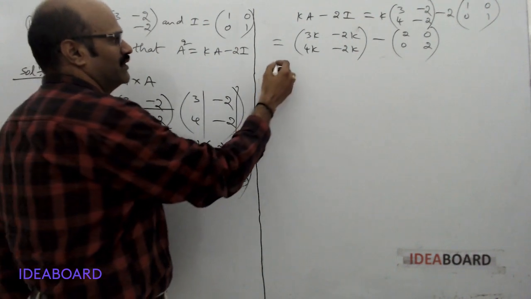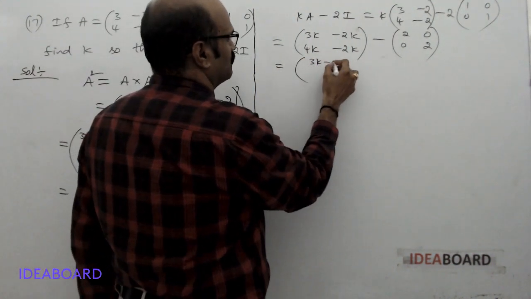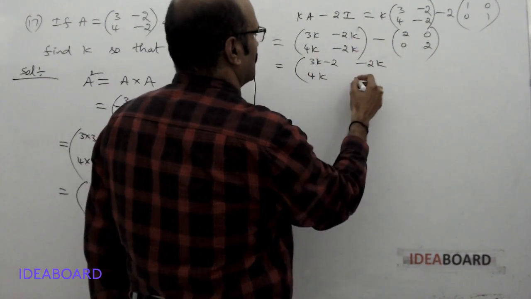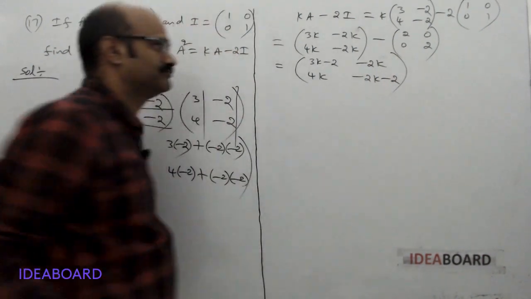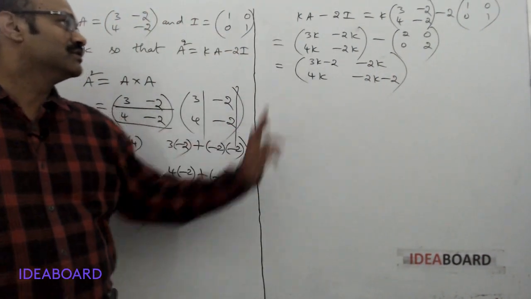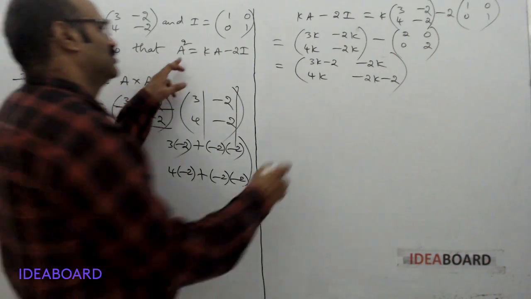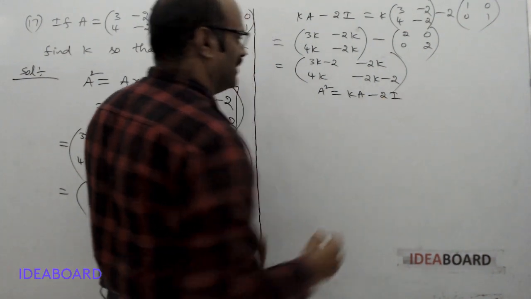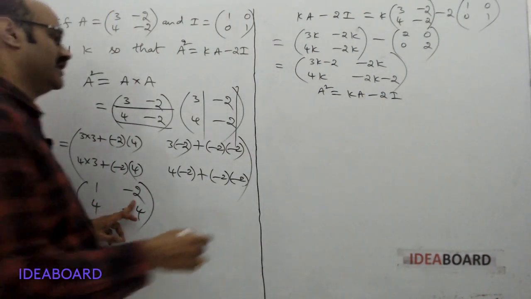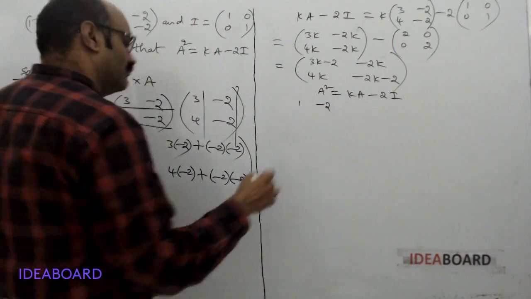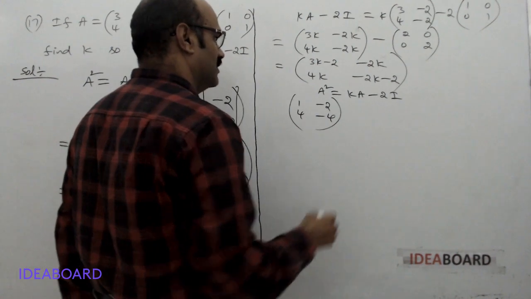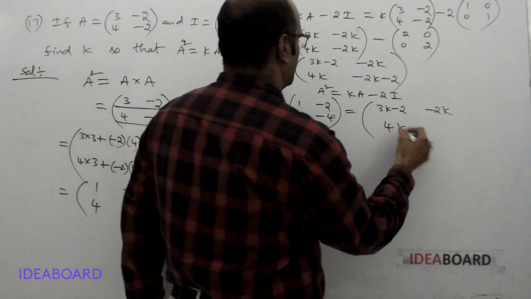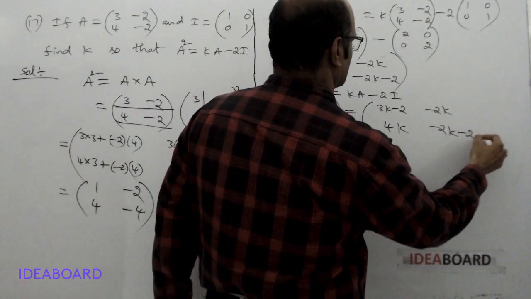We are getting 3k minus 2, minus 2k, 4k, minus 2k minus 2. Now, it is given that A square equal to k into A minus 2 into identity matrix. So A square, 1 minus 2, 4 minus 4, equal to 3k minus 2, minus 2k, 4k, minus 2k minus 2.